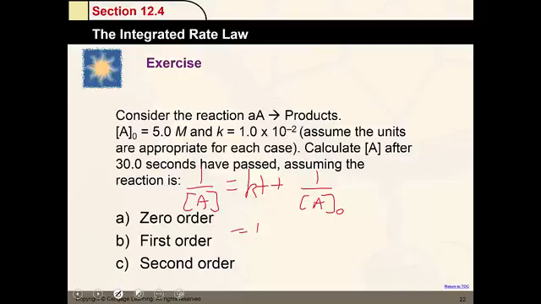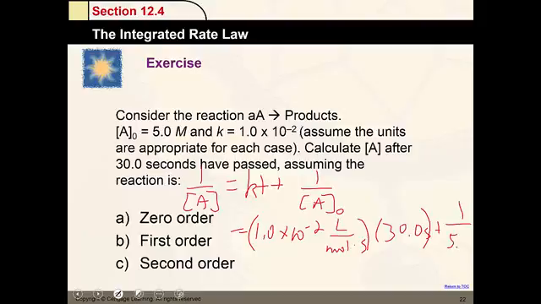So k is equal to 1.0 times 10 to the negative second, and here, that means the units are inverse molarity times seconds, and then times the time and the inverse of the initial concentration. So inverse 5 molar. Then finally, once we do all that, inverse concentration is equal to 0.5.